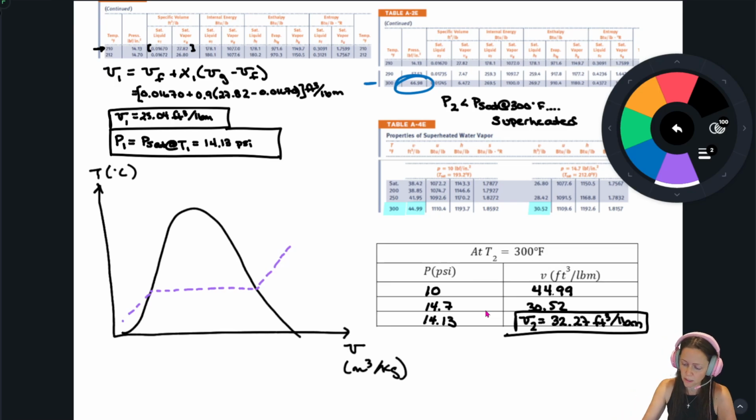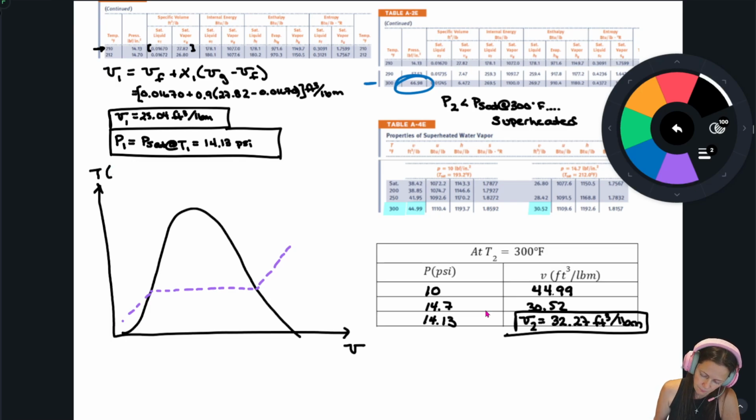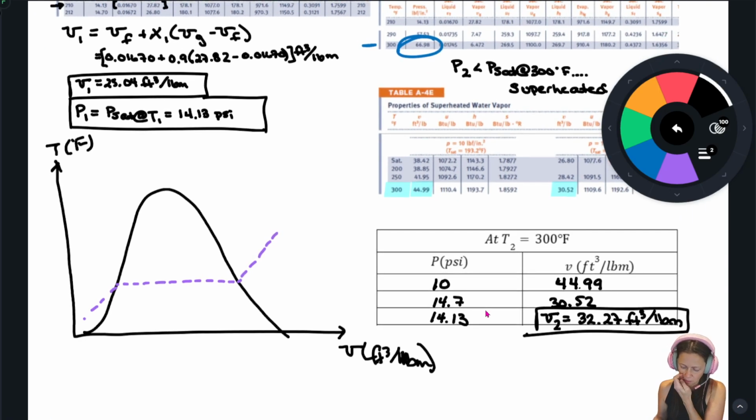State 2 was superheated. Oops, and I realize the units are degrees Fahrenheit and feet cubed per pound mass. Somebody was probably screaming at the screen. So there's state 2, superheated, there's state 1, two-phase, and there's the process path between them.